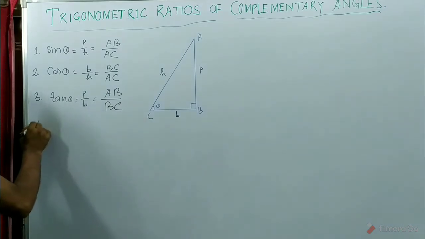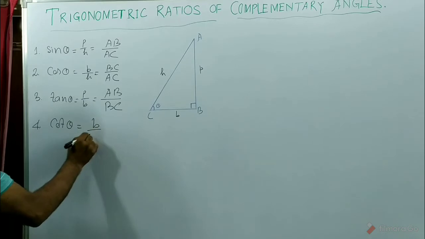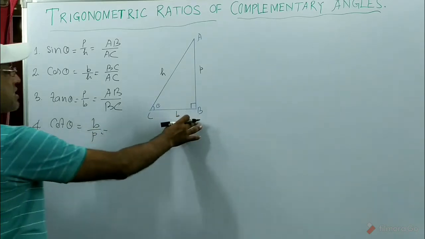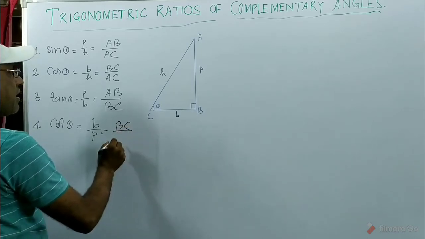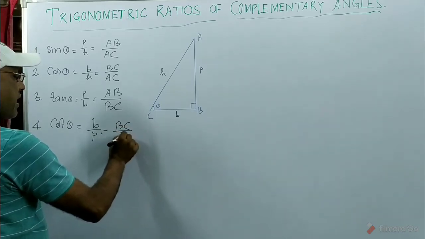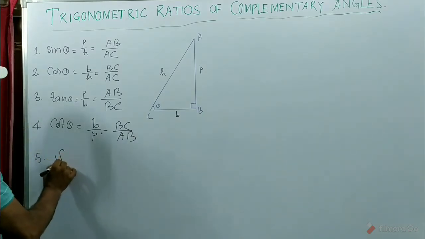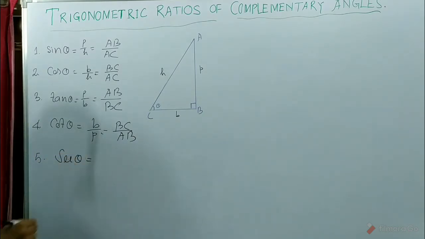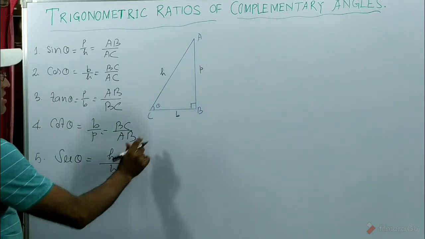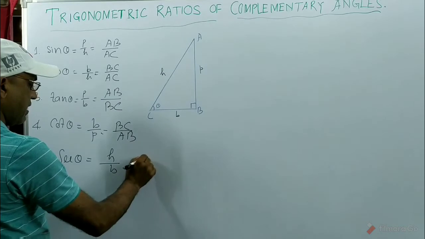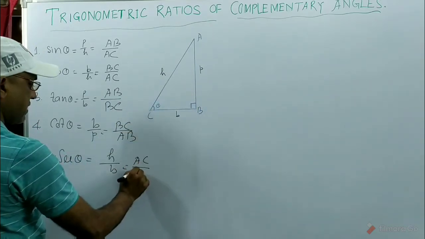And number 4, cot theta equals B by P, so BC by AB. Number 5, sec theta equals H by B, where H means AC and B means BC.